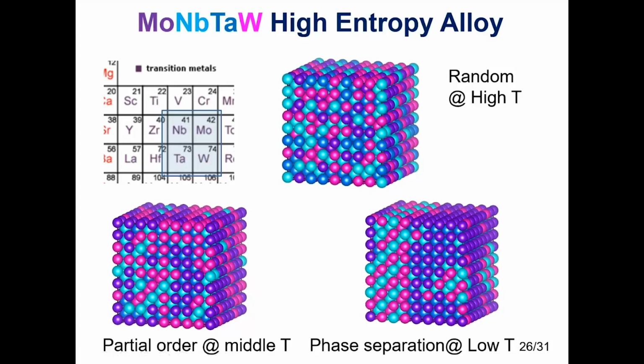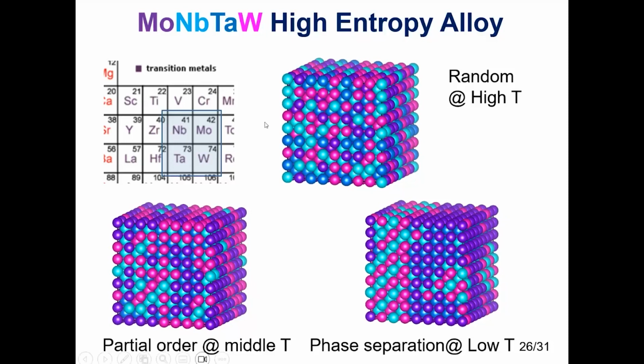Log 4 is log of 2 squared, which is twice log 2. So this has twice as much configurational entropy as a binary alloy. And so it then can be used to stabilize a single phase at high temperature.